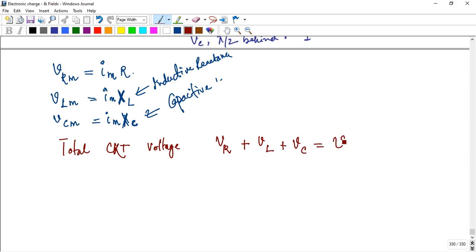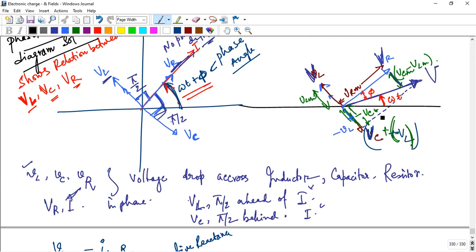With the help of phasors, that is VR plus VL plus VC equal to V. A phasor means a vector that we represent in capital letters, suppose in bold. Whether you put a vector sign or not, there is no confusion: it is a phasor or vector.